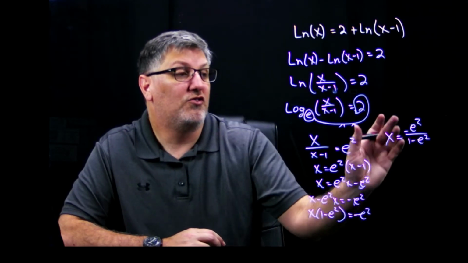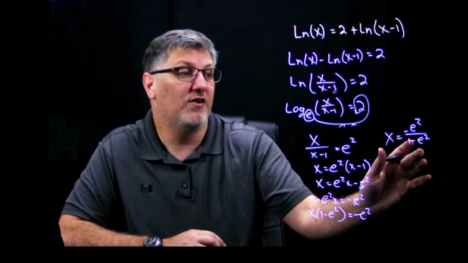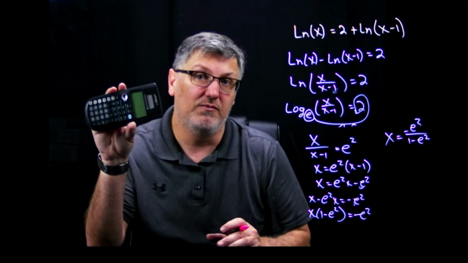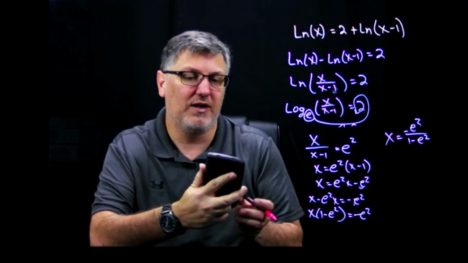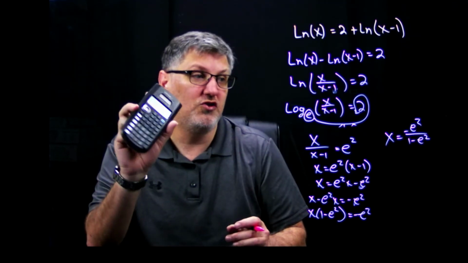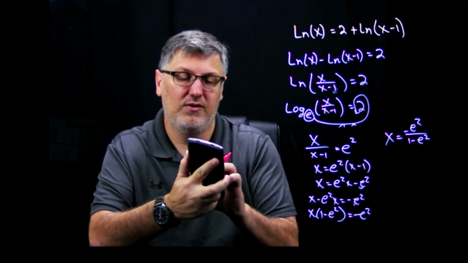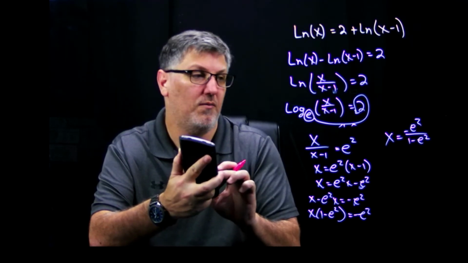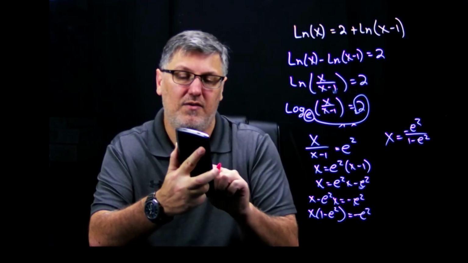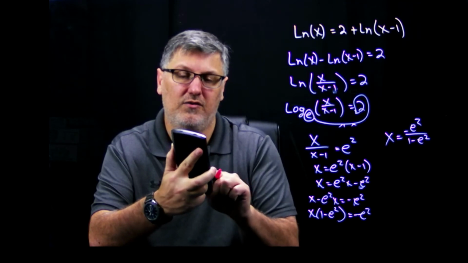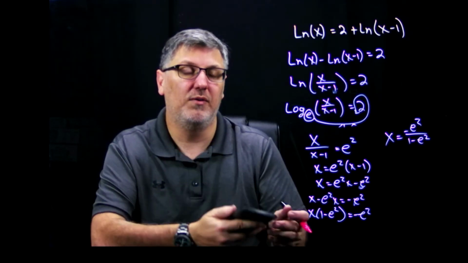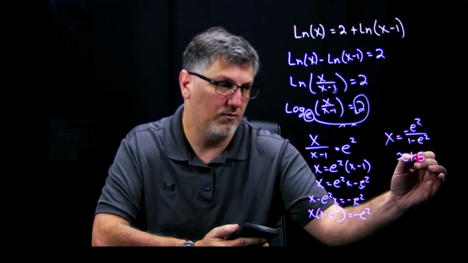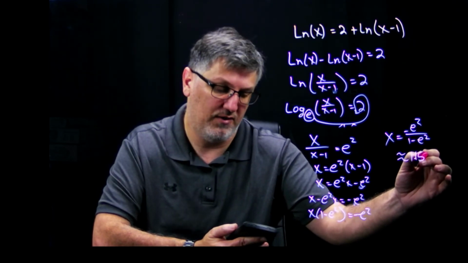I need to also check to see, is this going to be a positive or negative number? If you don't know, you can put it in a calculator. No shame in that. Negative e squared over 1 minus e squared gives me approximately 1.157.